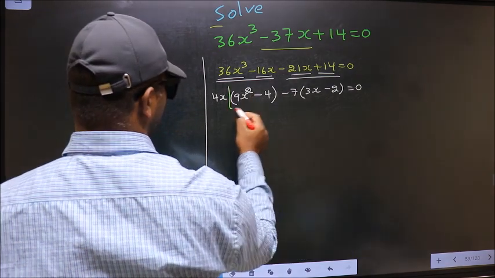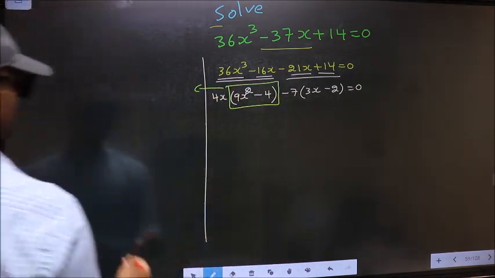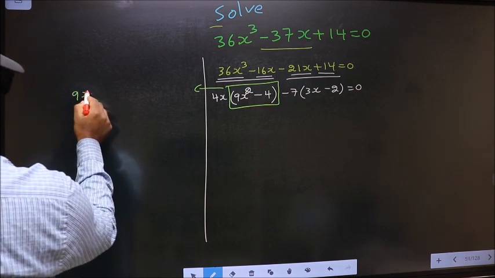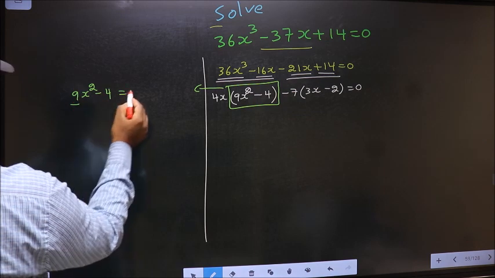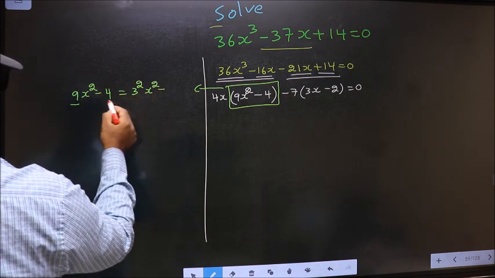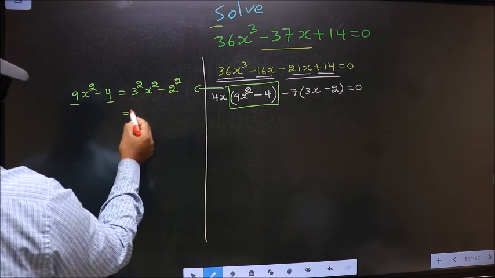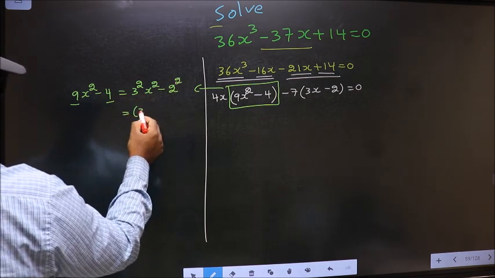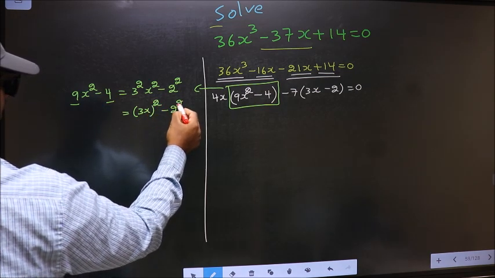Now this quadratic, I will simplify it here. That is 9x square minus 4 equal to 9 is 3 square x square, minus in place of 4 now I write 2 square. 3 square x square is nothing but 3x whole square minus 2 square.